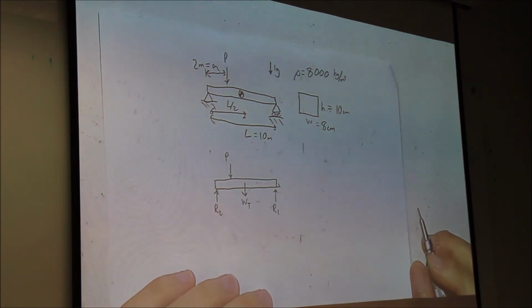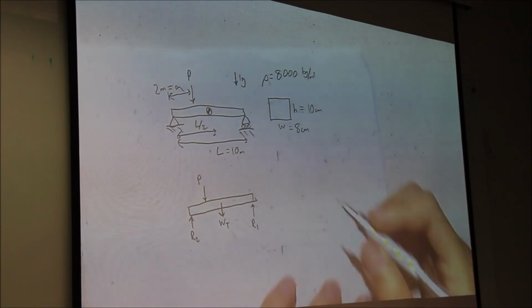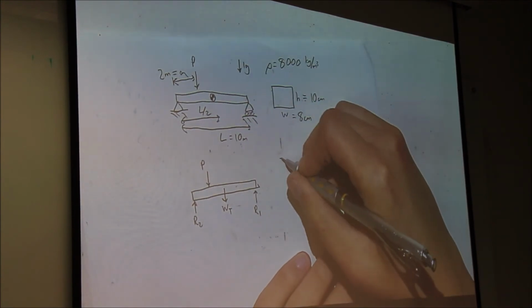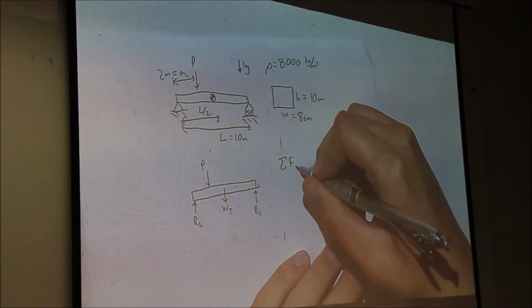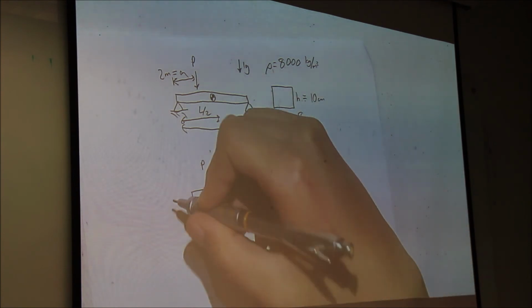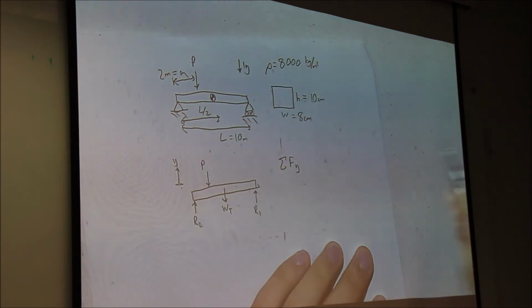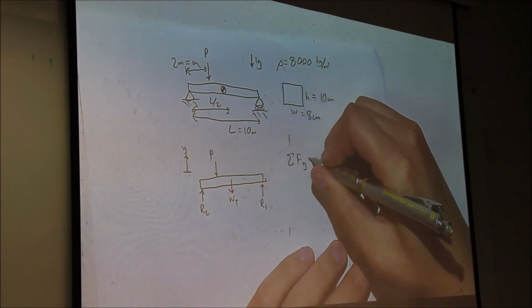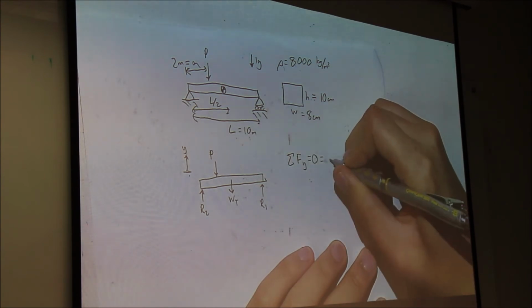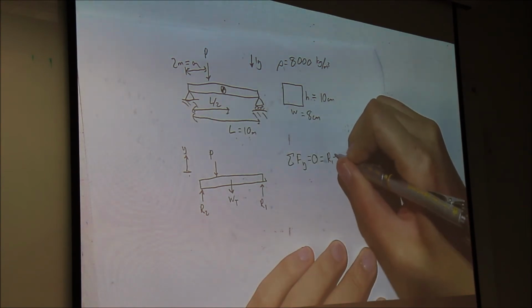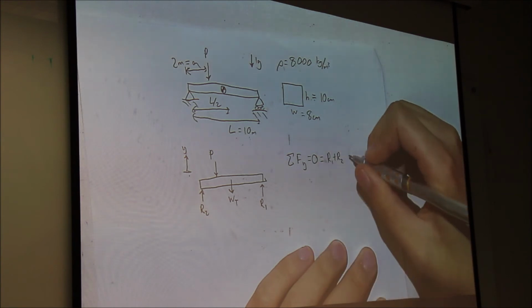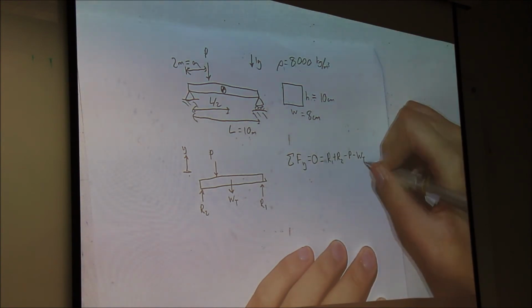So let's start summing things together. Summation of forces in y, let's say y is positive upwards. We know this is equal to 0. It's equal to R1 plus R2 minus P minus weight total.